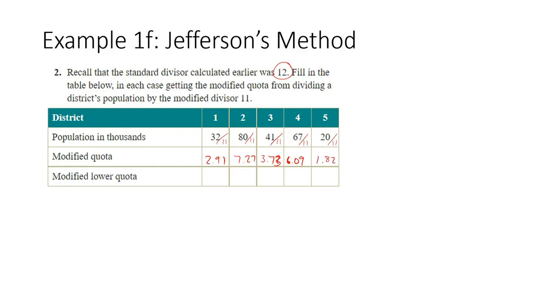So the lower quotas are then just rounding these values down to the nearest whole number. So 2, 7, 3, 6, and 1. But now this is equal to 19.